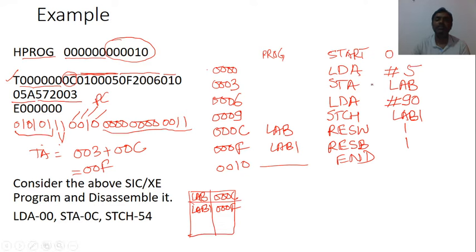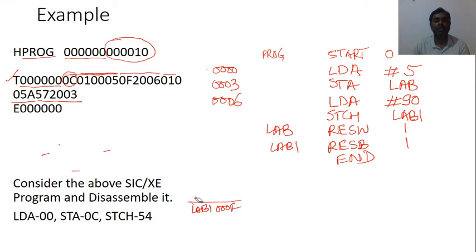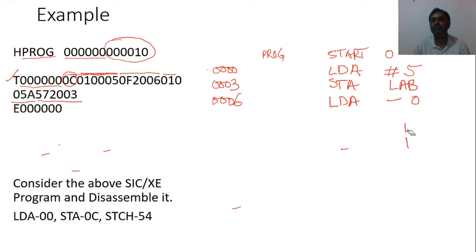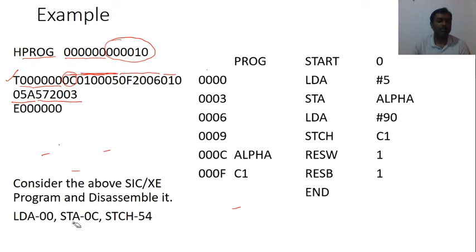This is the source program equivalent to this object program. Now I want to show you the original source program. The original source program is like this.